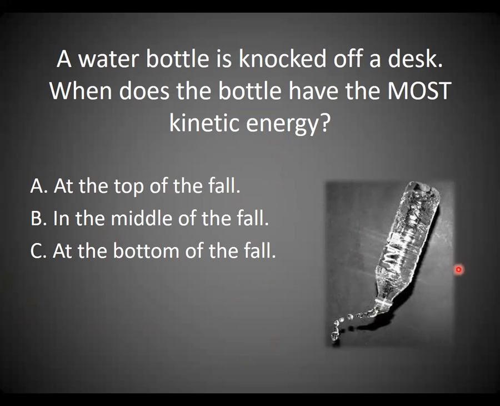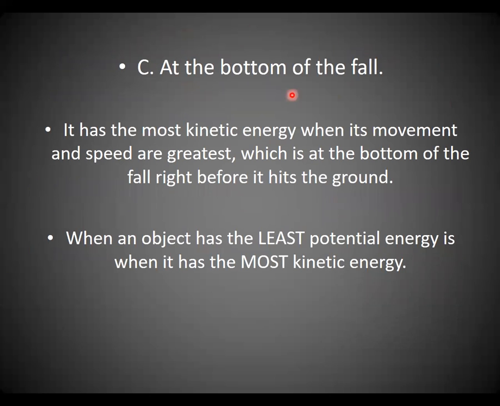This is a little bit tricky. Technically, it is C, at the bottom of the fall. The instant before the water bottle hits the ground, it has the greatest speed, and therefore it has the most kinetic energy. It's had the longest amount of time to speed up, and that's really the key. At the top of the fall, it's moving slower, and then it speeds up.